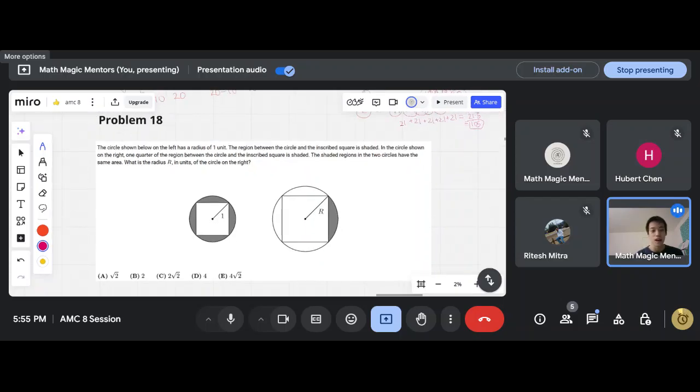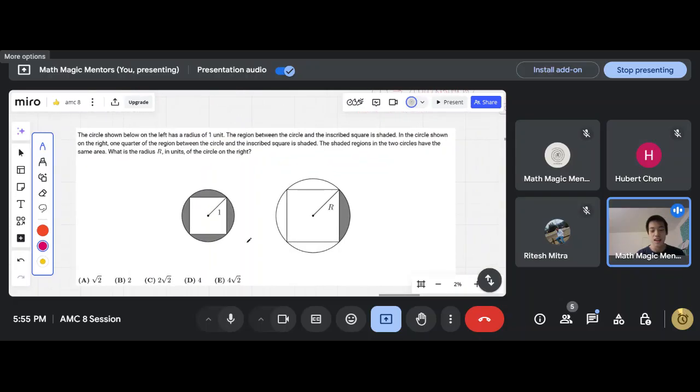Okay, it's really nice because they give you a diagram. If they didn't, you'd have to draw it out, and that would be a hassle.